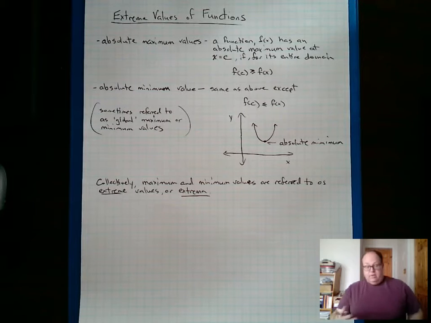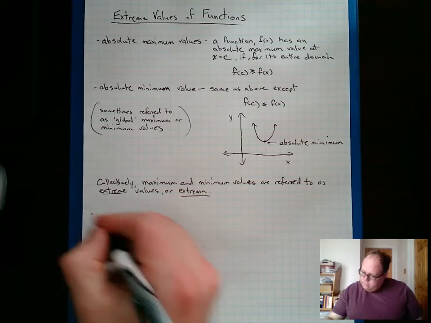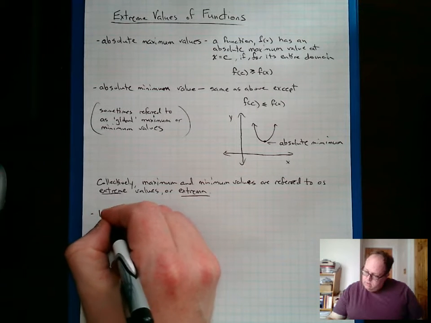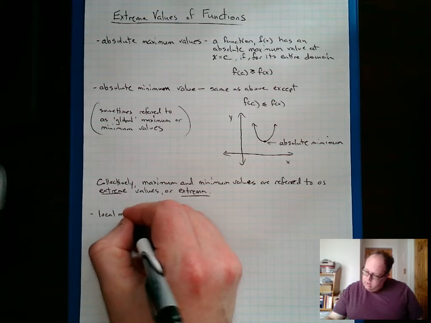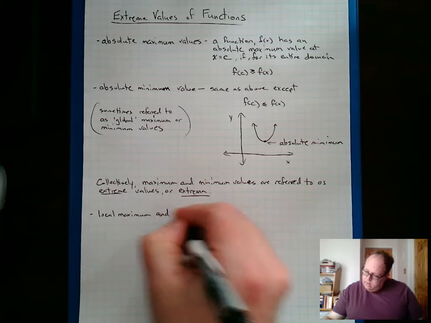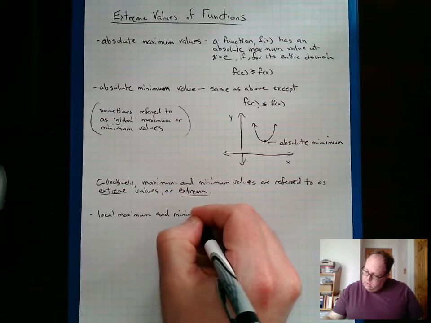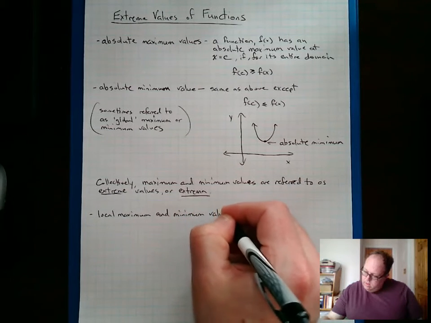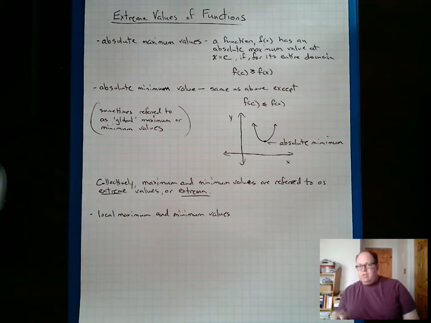Now, a couple of other definitions. We can also talk about local maximum and minimum values. In those cases, it's the same sort of condition as the absolute ones, only instead of being over the entire domain, it's just for some small section of the domain.